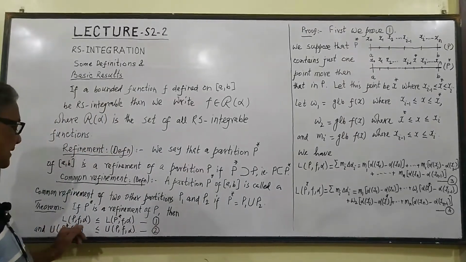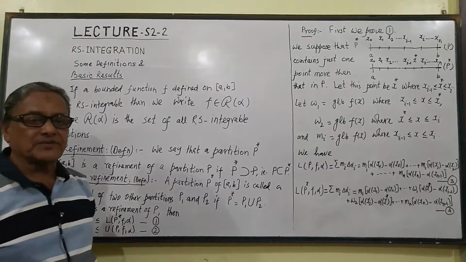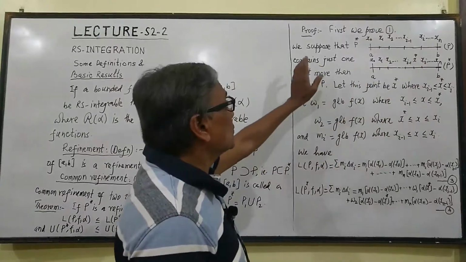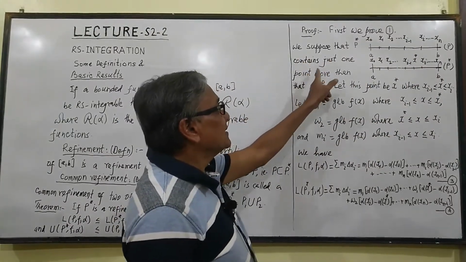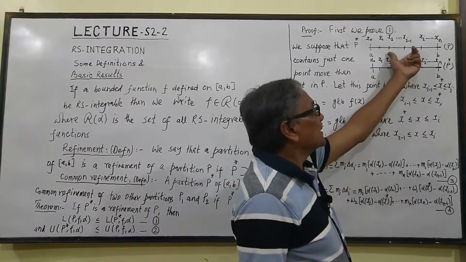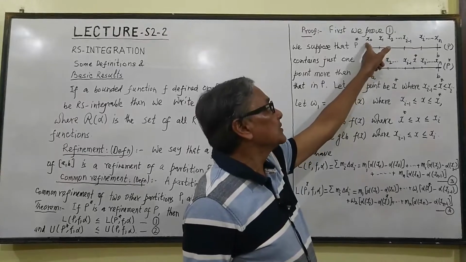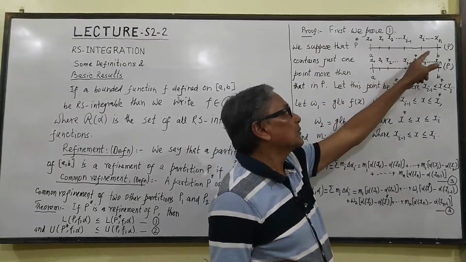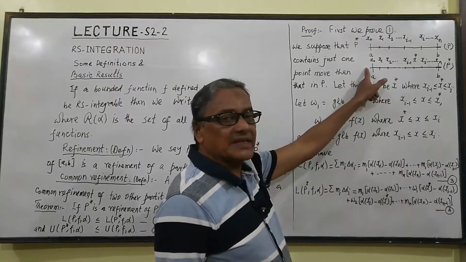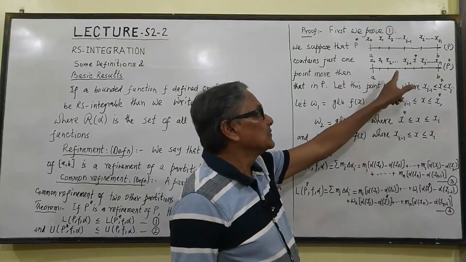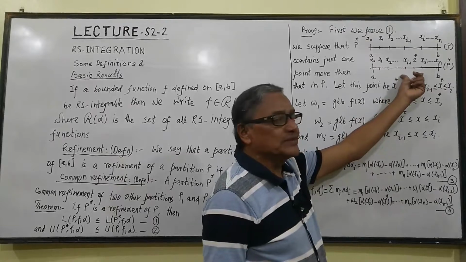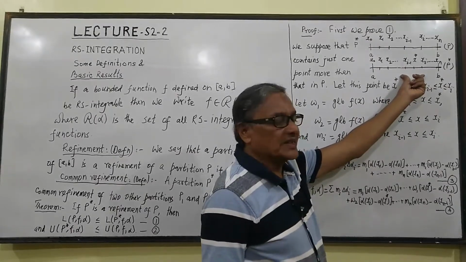We are here to prove L(P, f, alpha) is less than or equal to L(P star, f, alpha). These are the two partitions P and P star. First we suppose that P star contains just one point more than P. This is the partition P, which consists of the points x0, x1, x2, x(i-1), x(i), x(n), and P star contains x0, x1, x2, x(i-1), x star, x(i), x(n), with x star lying in the interval between x(i-1) and x(i).